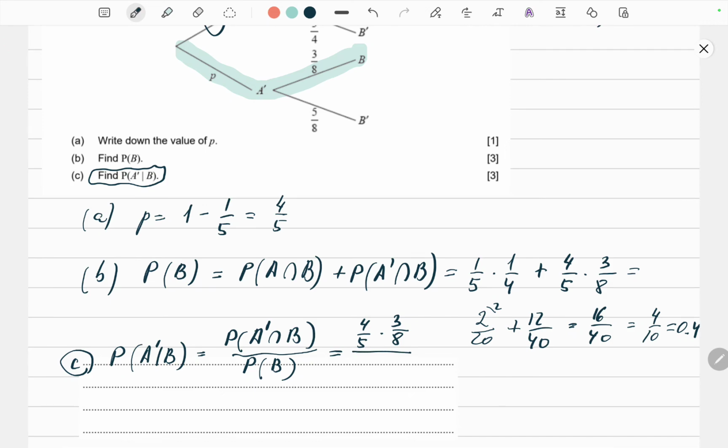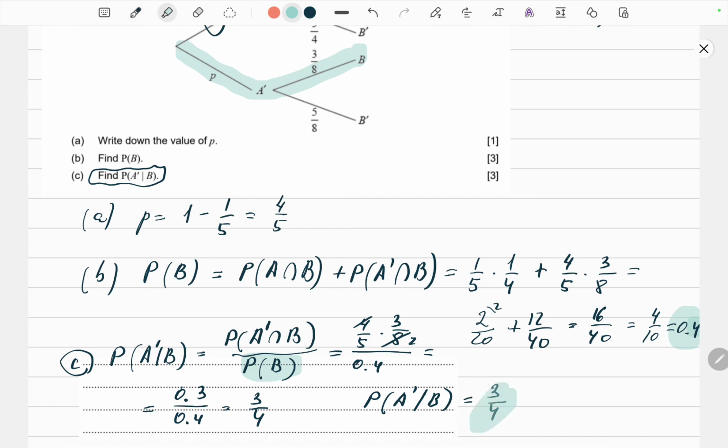The probability of B we have found in the previous step, 0.4. Now we simply calculate: 3/10, so 0.3, over 0.4, is 3/4. So the answer: the probability of not A given B is equal to 3/4.